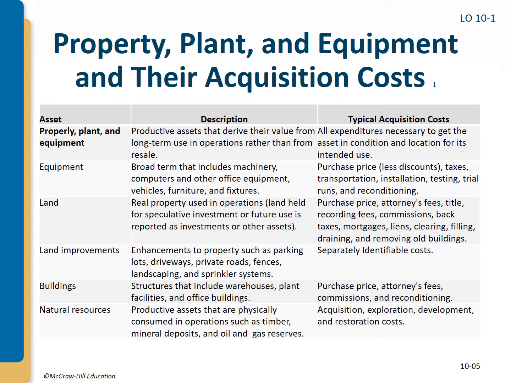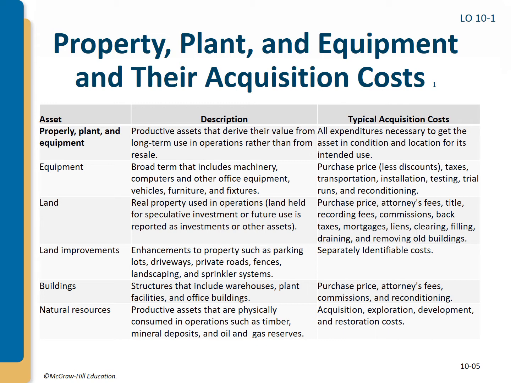Transporting these types of items to their location. Having to pay for installation of these items, testing, trial runs, and reconditioning of them to get them ready for their intended use or their first use. So all of these expenditures related to equipment are added together, and that becomes the cost of the equipment.